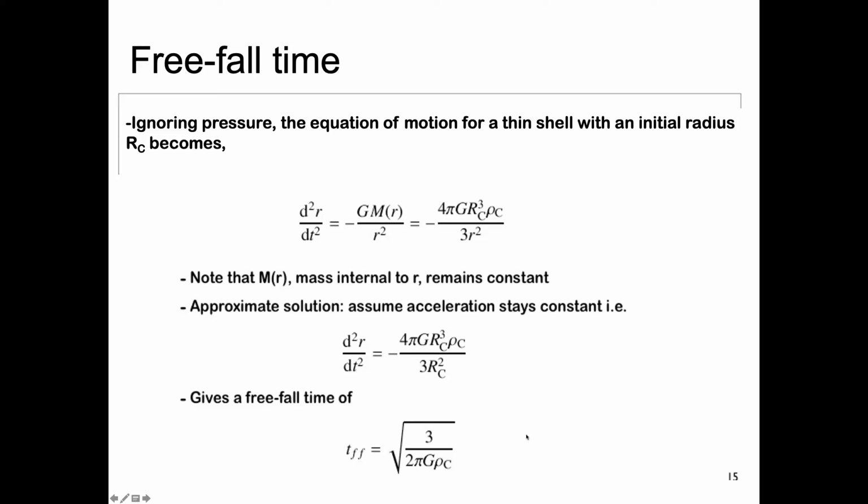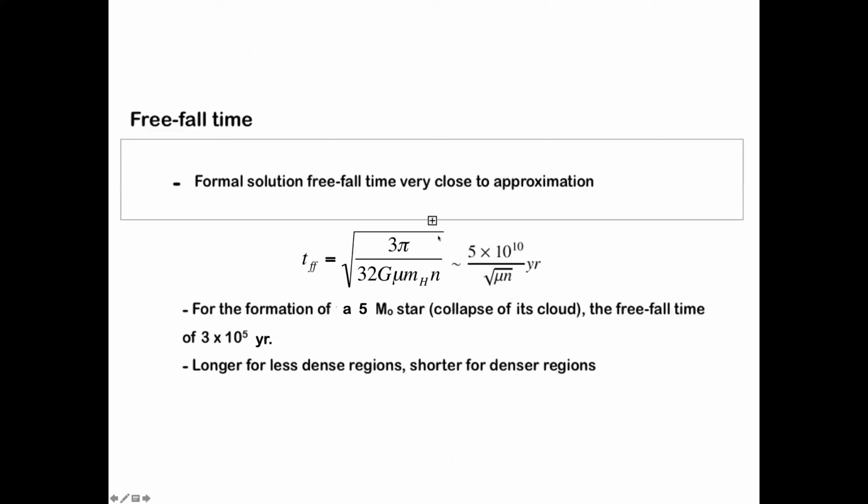Here is the density in grams per cubic centimeter. Great. So this is the more accurate free fall time expression. I never remember this free fall time expression with all these numbers. Of course, you can memorize the final output here: 5 times 10 to the 10 years, and then you divide by the square root of mu times n.